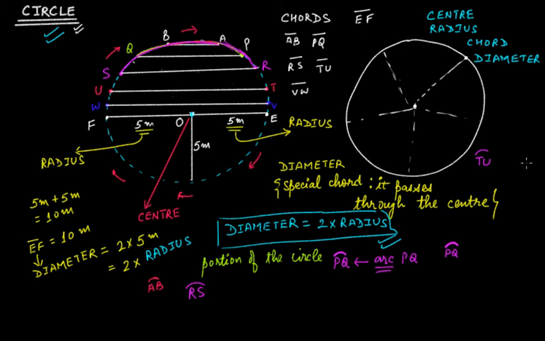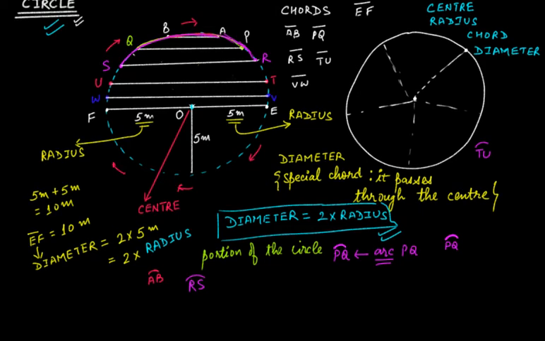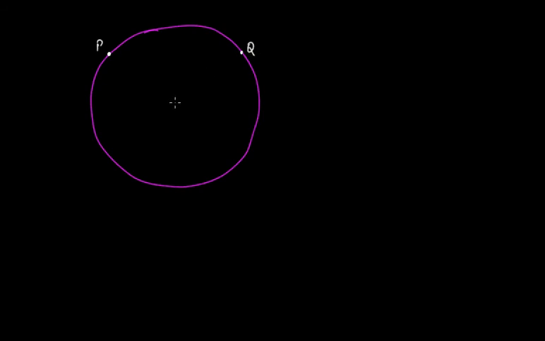What next? Let's take some fresh space. Now let's suppose that we have a circle, and point P and point Q are on this circle, and if we connect these 2 points, then of course this line segment PQ is a chord.